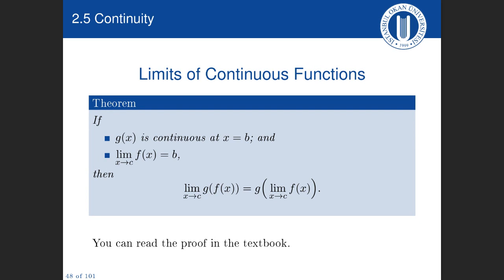Then the theorem says the limit of g of f is the same as g of the limit of f. Now what that means is if we have continuous functions, we can swap the positions of the limit and the function. Limit of g is the same as g of the limit.